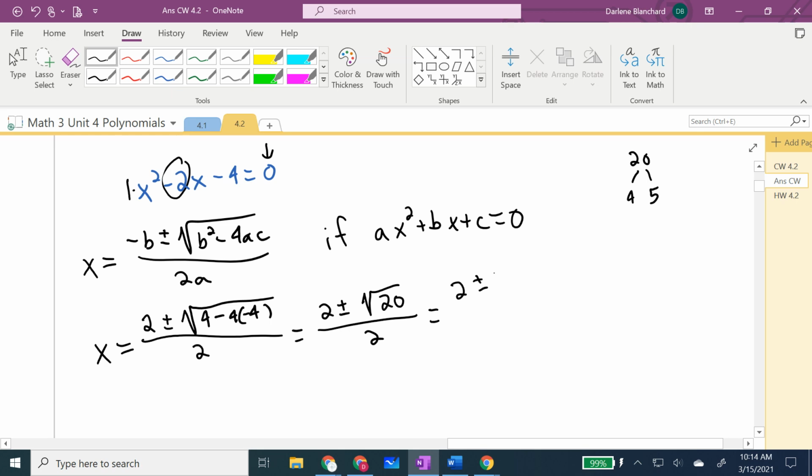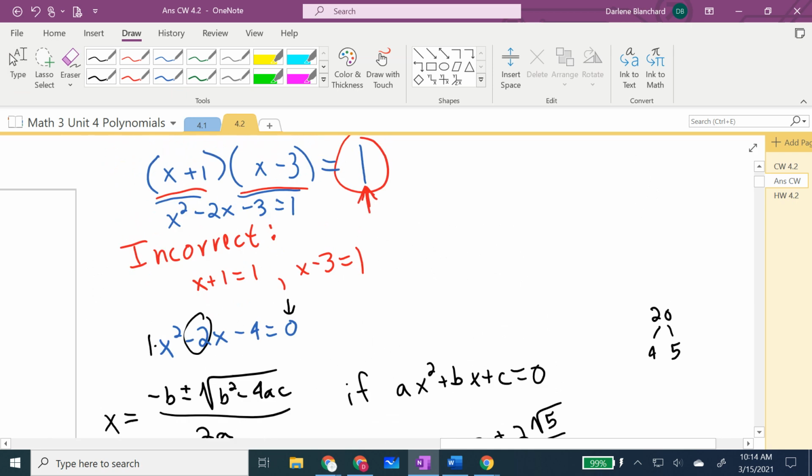So the square root of 4 gives me 2. 5 is stuck under the square root. And then I can distribute the division of 2 to get 1 plus or minus root 5. So that gives me my 2 possible answers in that situation.